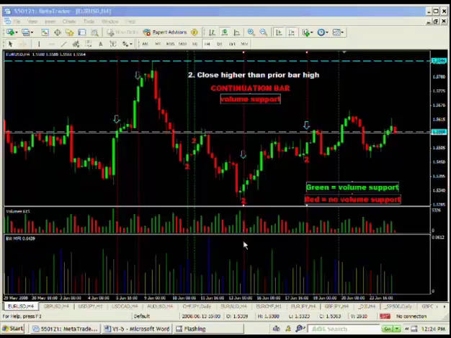When the operators participate on strength, that means they are trying to move price up. When operators participate on weakness, that means they are trying to move price down. This bar shows a lower volume, but due to operator participation, it actually had higher volume. I'll explain why that is.